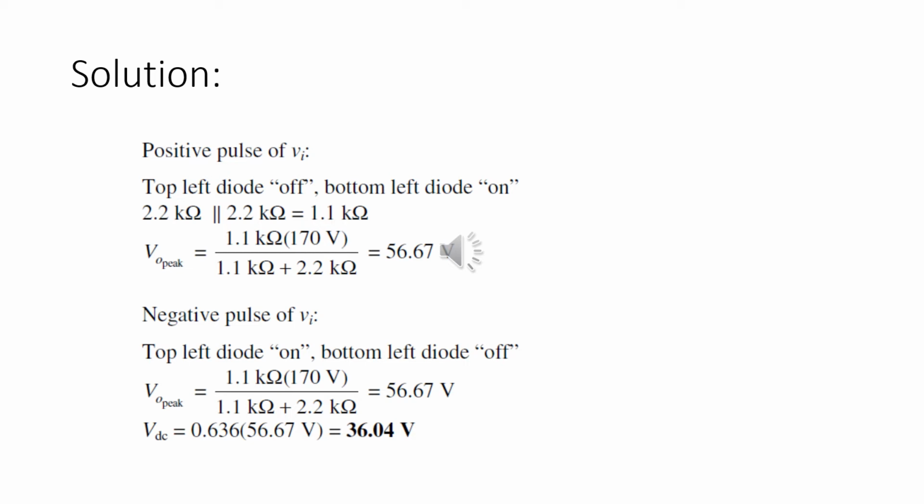We draw the output waveform, which is again a full wave rectified output sinusoid with the peak value of 56.67 volts. Now we need to determine the VDC. The formula is 0.636 times V out peak, which is 56.67. So this gives us VDC of 36.04.